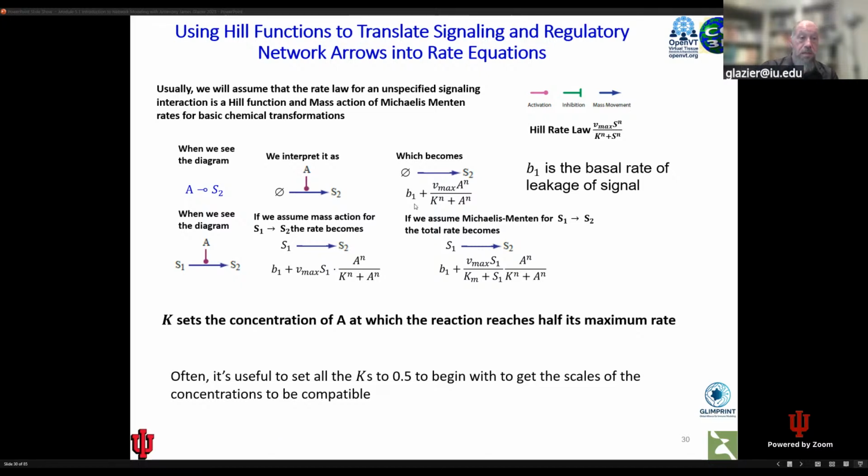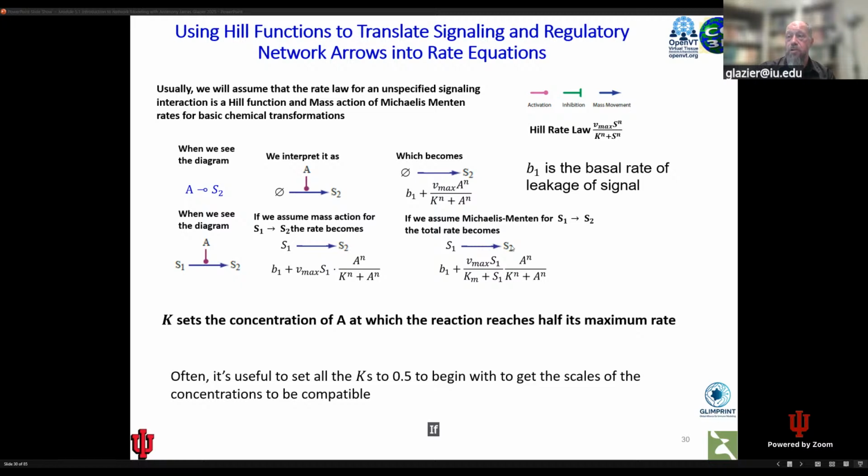B1 is the basal rate of production. Vmax is the maximal rate of production. And this form is typically used for the regulation of the production of S2 by A. There are other forms one can use. There are exponential and logarithmic forms as well.